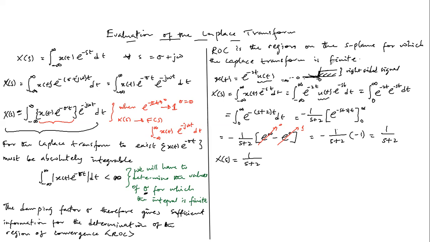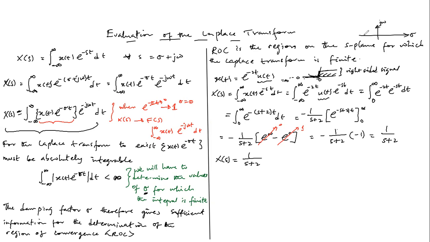Good. But the point here is we want to figure out if this Laplace transform truly exists. Does it have a finite value? Now we have to figure out the region of convergence. And we already established that the region of convergence is the region on the s-plane for which the Laplace transform is finite. And recall in our previous lecture that the s-plane looks something like this: j omega on the y-axis and sigma on the x-axis.